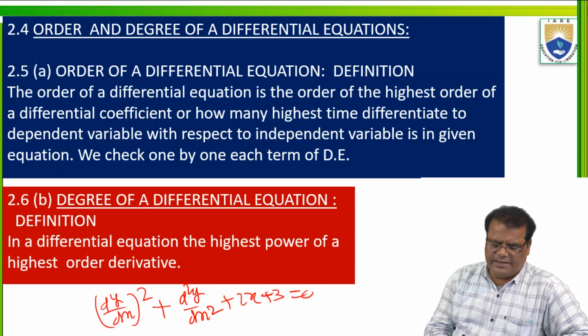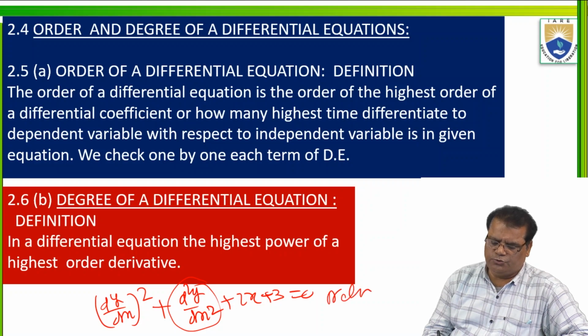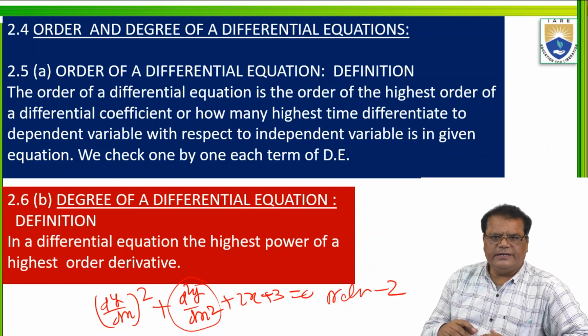Now in the second term we have d2y over dx2, means two time derivative of y with respect to x. So this is the maximum order, in the second term. So the order of this differential equation is 2. Order is 2.